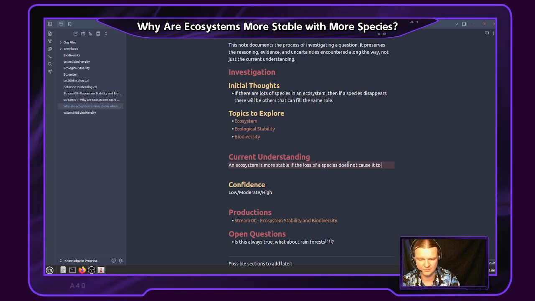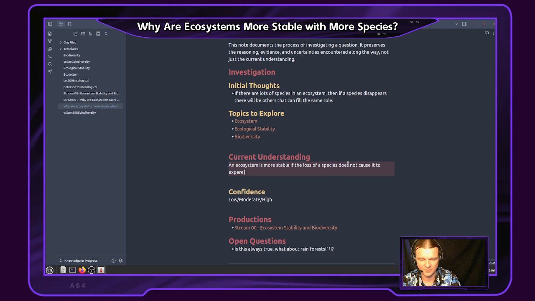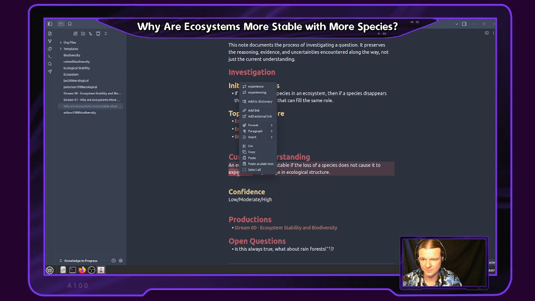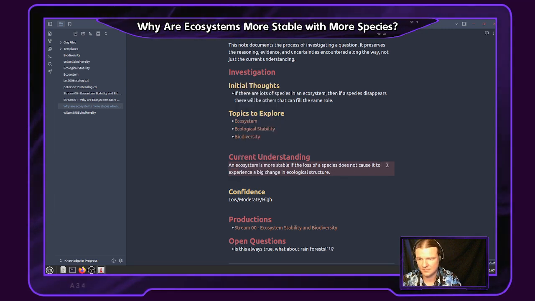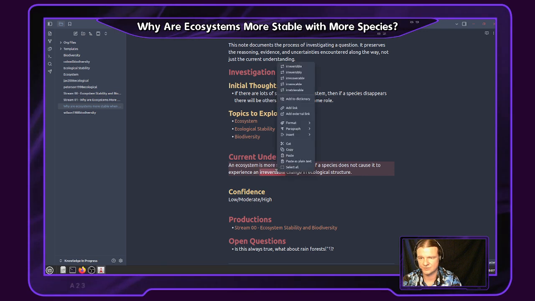to experience a big change in ecological structure. Actually, this would be an irreversible change in ecological structure.